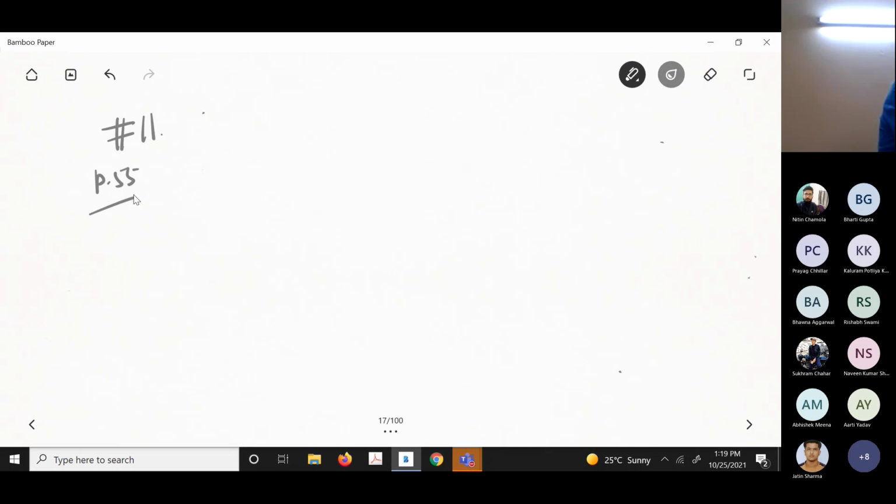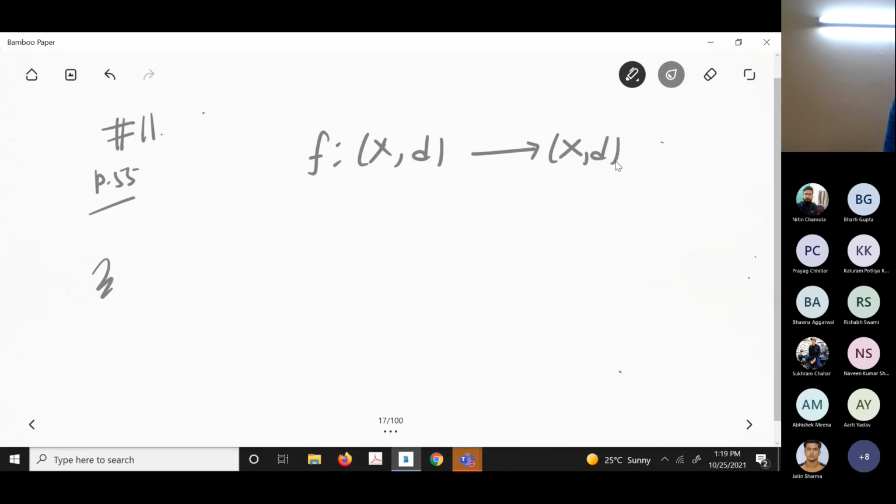Suppose you have this, and suppose f is an isometry.